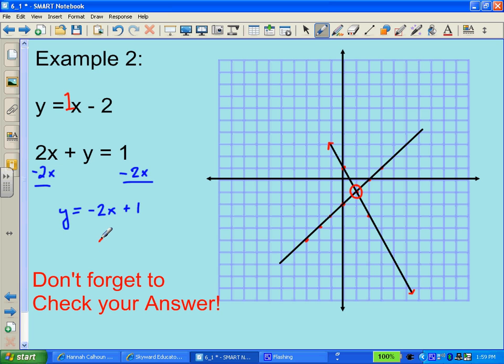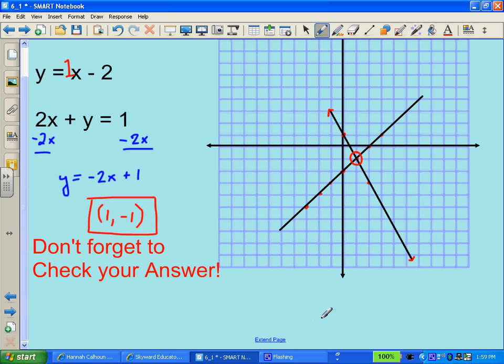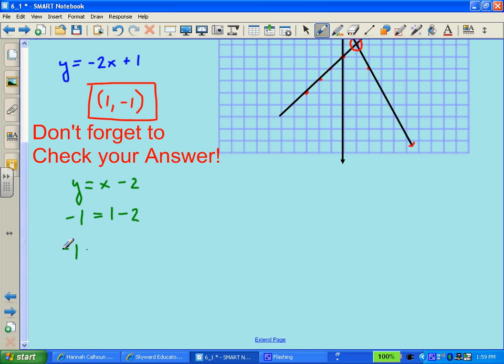And I can see that they intersect right here, which is the point 1, -1. So again, that's what I think my answer is, but let's check it. So I have y equals x minus 2. So that would be -1 equals 1 minus 2, which is in fact -1.